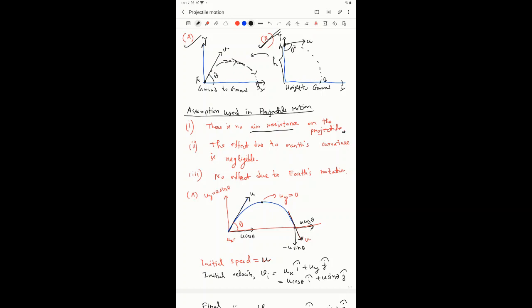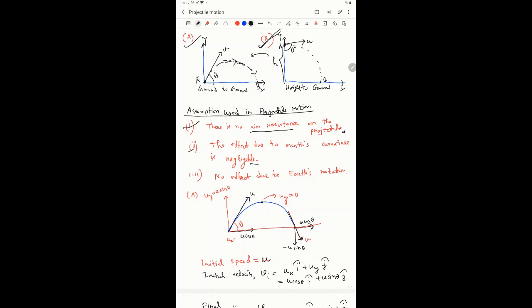In real life the air resistance is there, but within the scope of this topic, we exclude the air resistance phenomenon. Then, the effect of Earth's curvature is negligible.